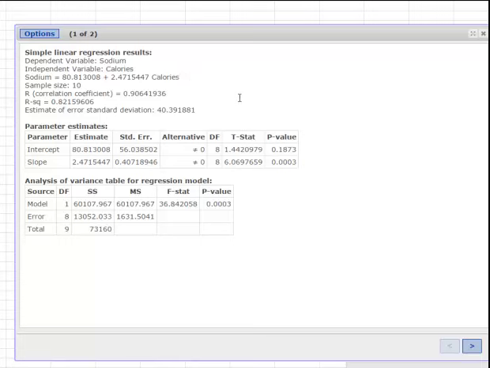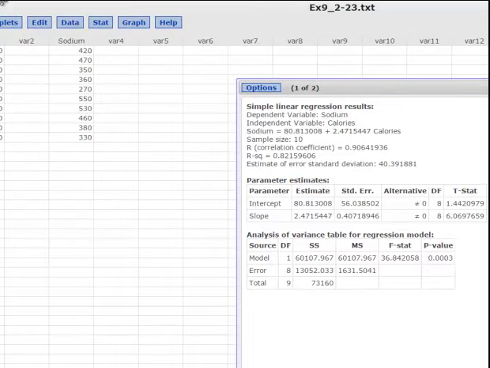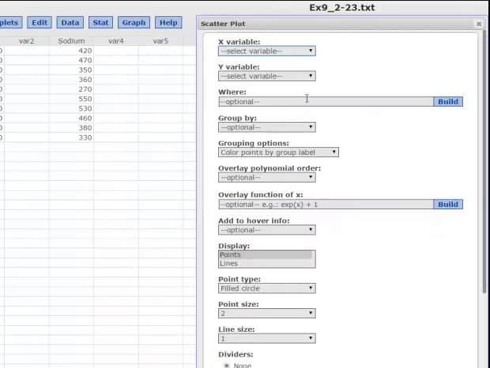So let's take a look at the scatter plot. If I move back over to Graph, and I scroll down to Scatter Plot, I'm going to again tell it where my X variable is and my Y variable is.